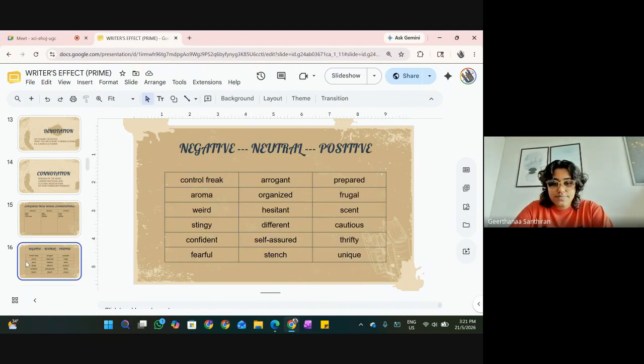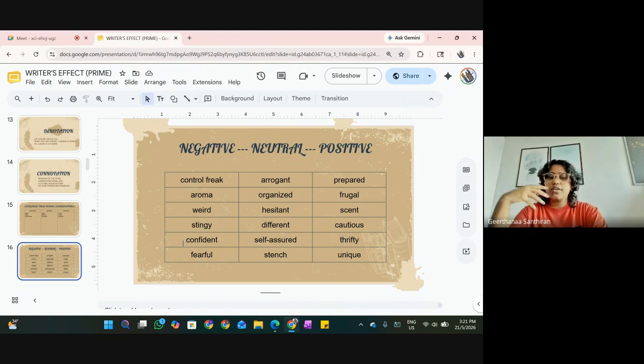Let's see. So you get what I mean. For example, confident, self-assured, arrogant, right? Arrogant is someone who knows that they're that shit. Like they know they're great. But someone who's self-assured has that inner worth where they're like, I don't need validation from anyone else. I know I'm good, right? So I believe that's the best.